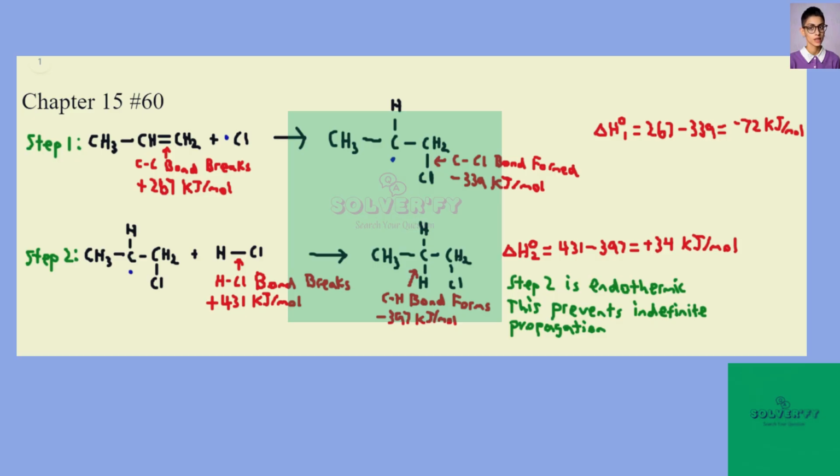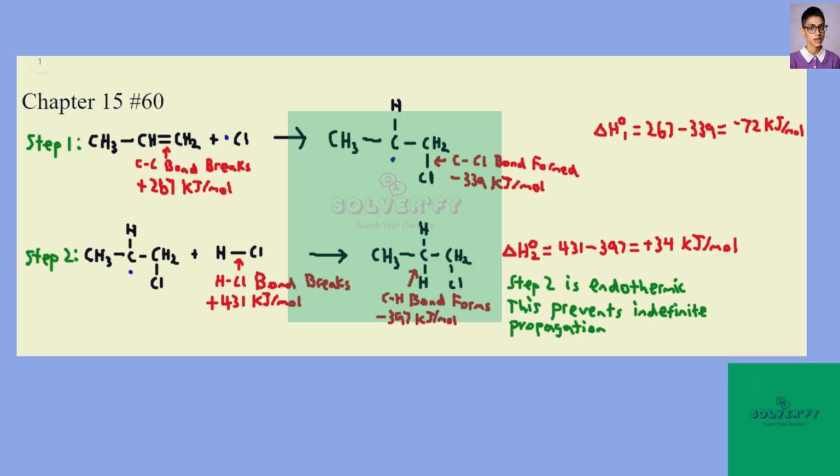And so basically that means that we have to put energy into the system in order for step two to occur. And since step two is endothermic, it's not favorable and it's not going to just spontaneously occur or continue to occur. And so step two is the step that prevents indefinite propagation.